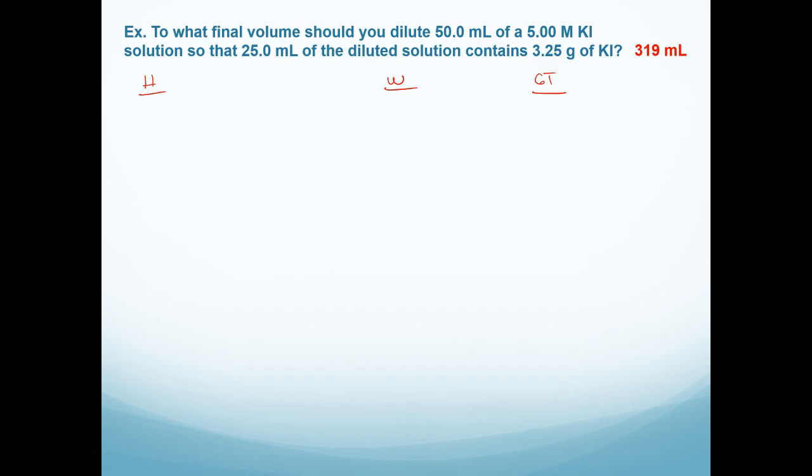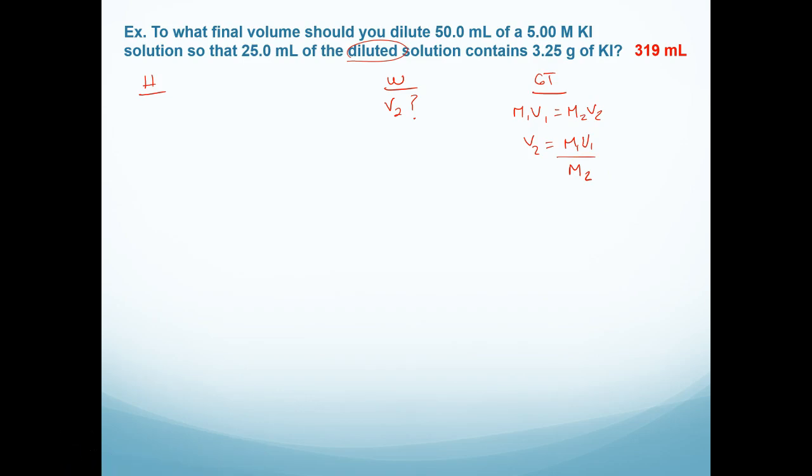So what we want is V2. We want V2, and we know this is a dilution problem because, again, we see the word diluted in here. So we can say M1 V1 equals M2 V2, and V2 is M1 V1 over M2.